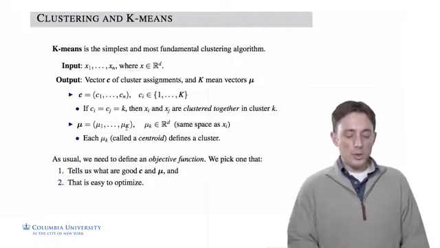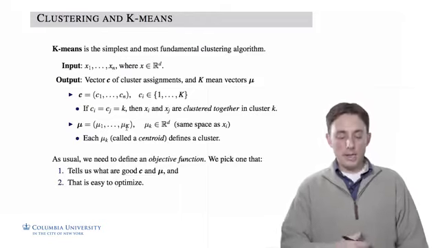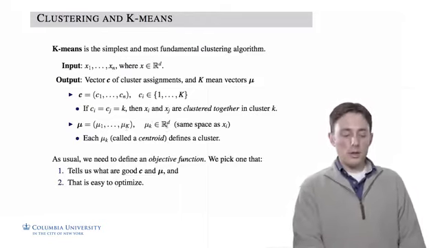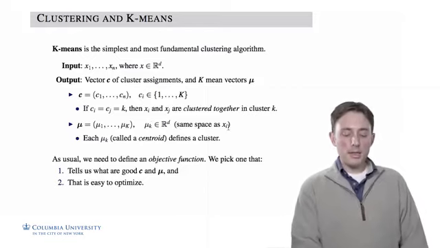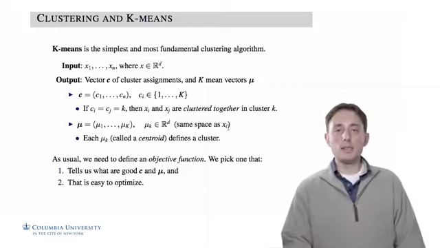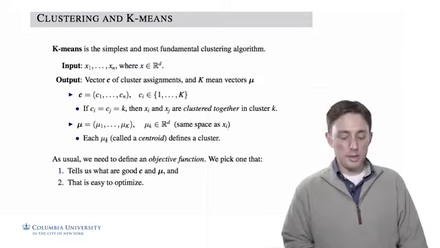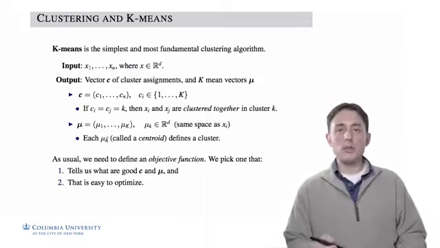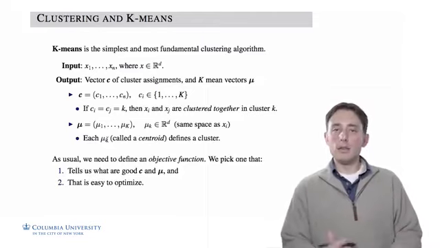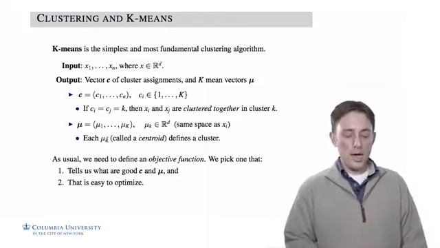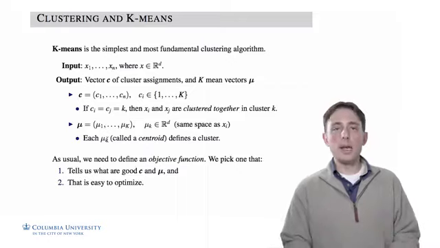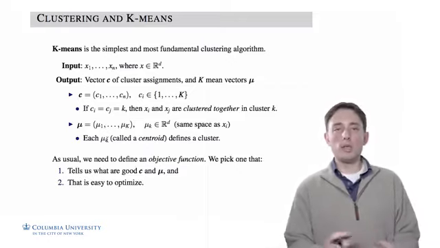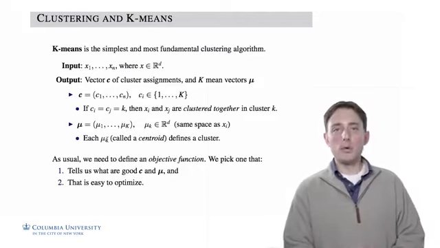And then mu is going to be a set of capital K d-dimensional vectors. Each mu k is in Rd. This is the same exact space as x, so these vectors live in the same space as the data. And each of these mu k's are going to be called centroids, and they're going to define the center of a cluster. So mu k will define the center of the kth cluster, and then the data assigned to mu k are somehow going to be near that point, that centroid.